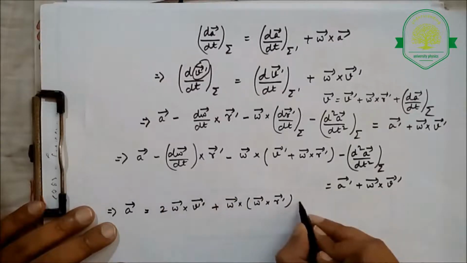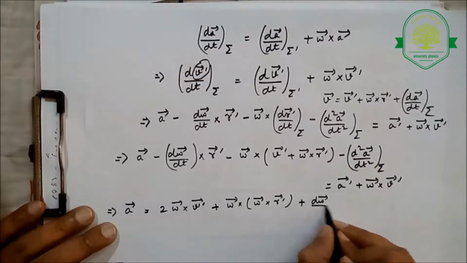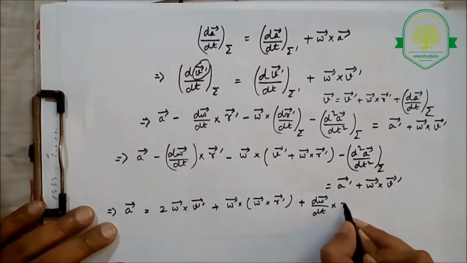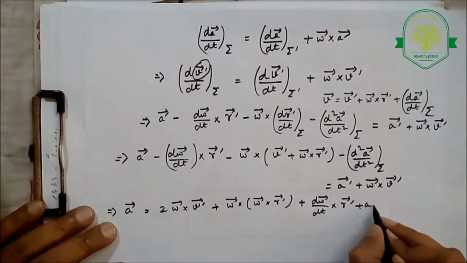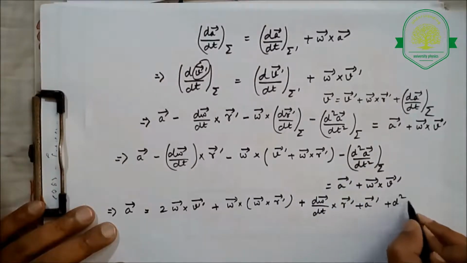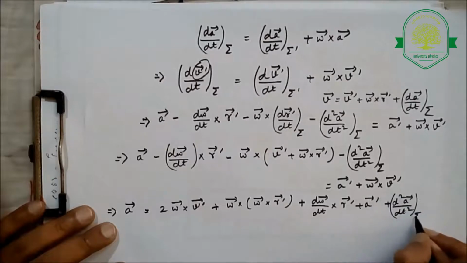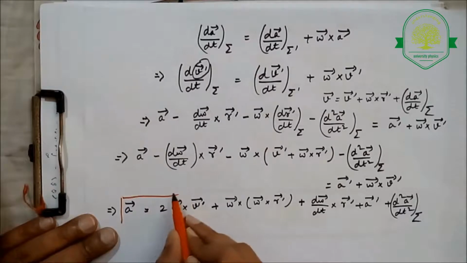I have a plus d omega over dt cross r primed. I also have a primed here, and if I bring this term to that side, this is just d squared a over dt squared as seen from the sigma frame of reference. And here is our equation written out in full glory.